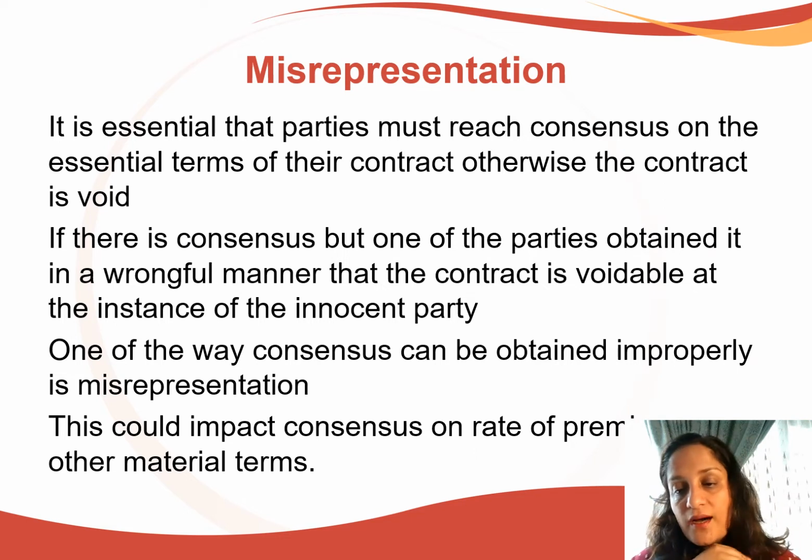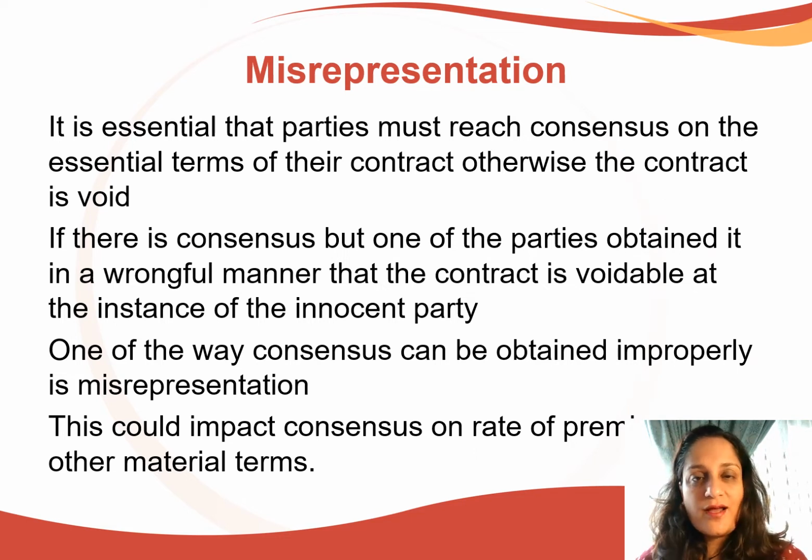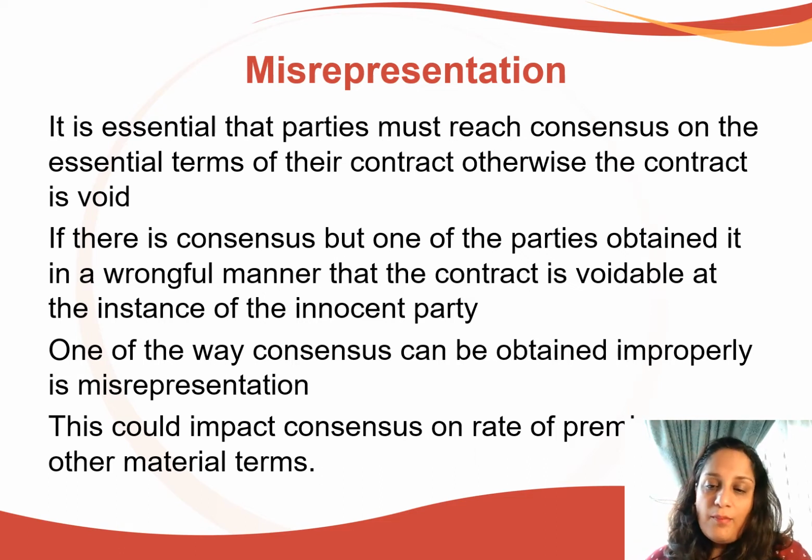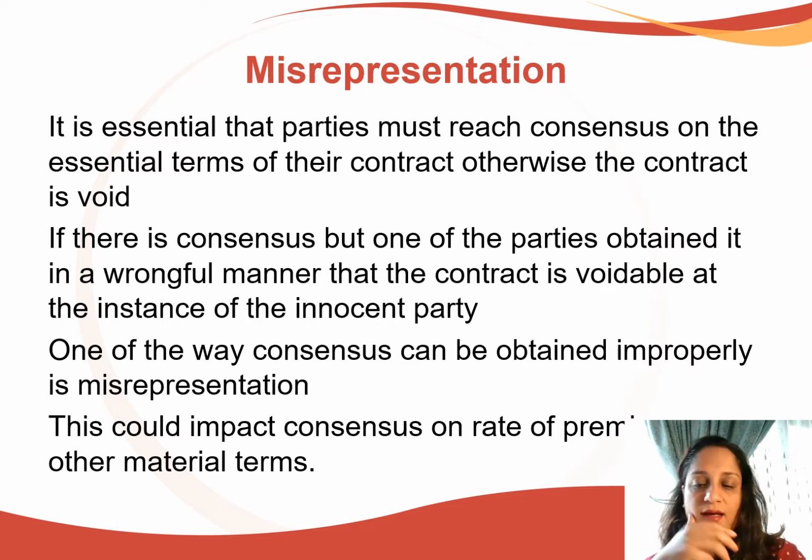And of course, it is quite important to realize already that the incorrect statement can be from the insurer or the insured, not just from one of the parties. But of course, the cases that we are referring to tend to focus very much on the actions of the insured. So one of the ways consensus can be obtained improperly is through misrepresentation.